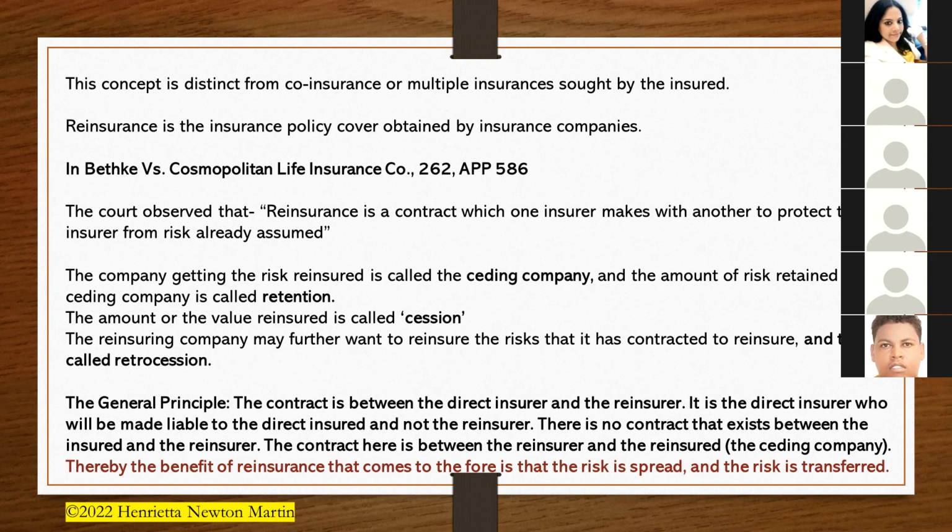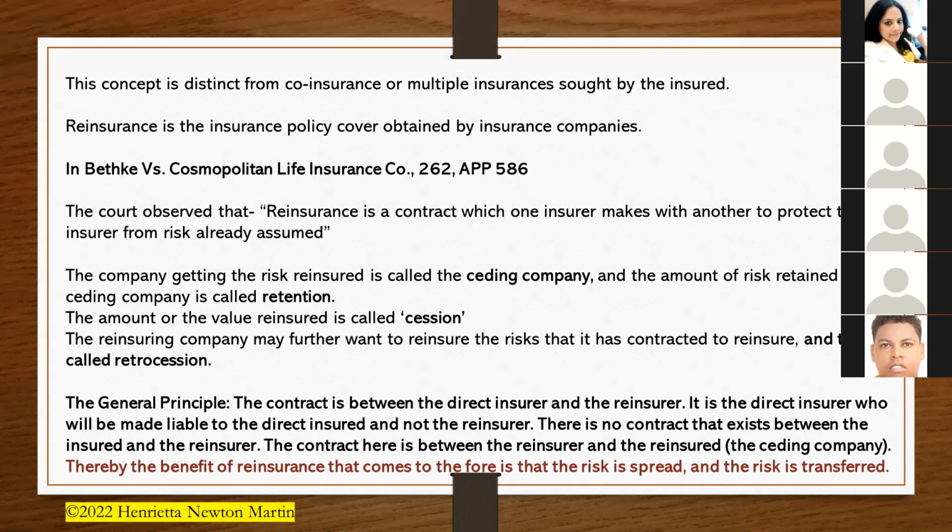In Bethke versus Cosmopolitan Life Insurance Company, the court observed that reinsurance is a contract where one insurer makes with another to protect the first insurer from the risk already assumed. So the company getting the risk reinsured is called the ceding company. And the amount of risk retained by the ceding company is called retention.